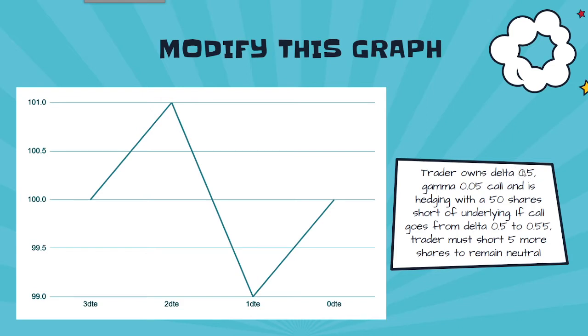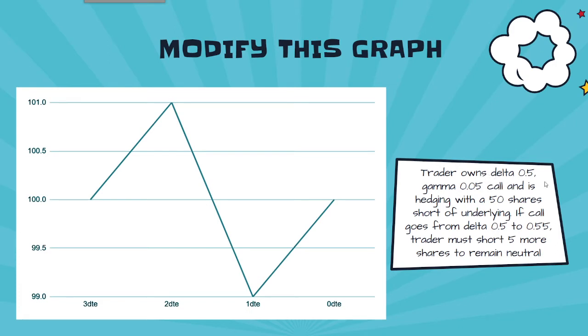Delta tells you how much your option price changes based on a 1 point movement in your underlying. So if you have a delta 0.5 call option and you own this, if price drops by 1 point, your option will go down by a value of 0.5. So how do you negate that?